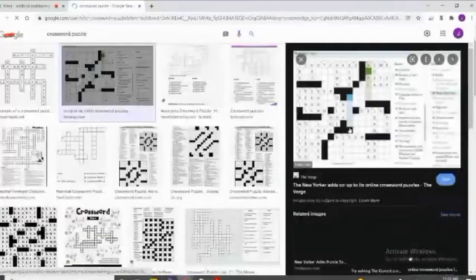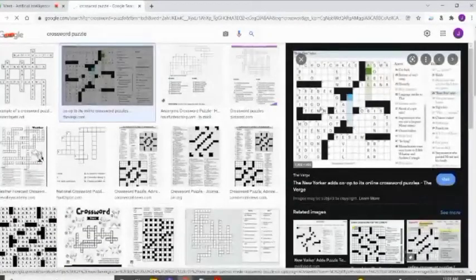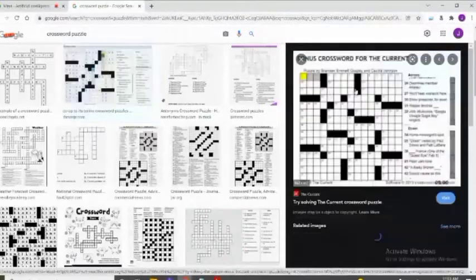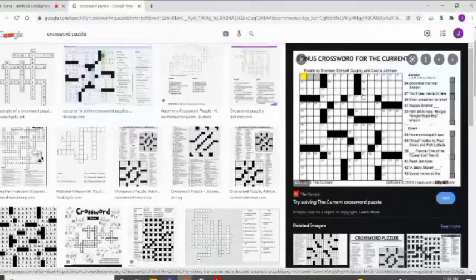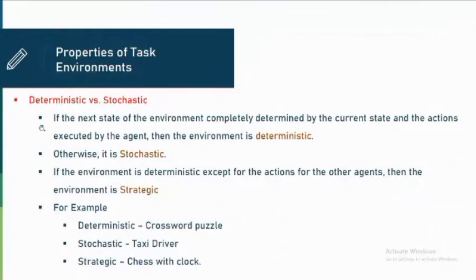This is one crossword puzzle, right? You can determine what is going to happen in the environment, so we can easily determine what the next step can be. That is deterministic.